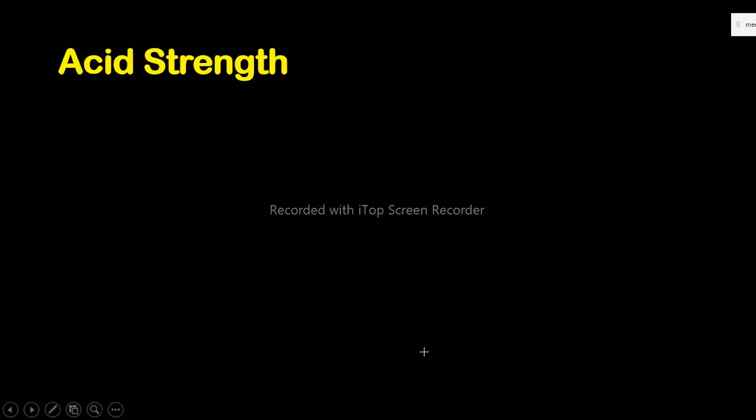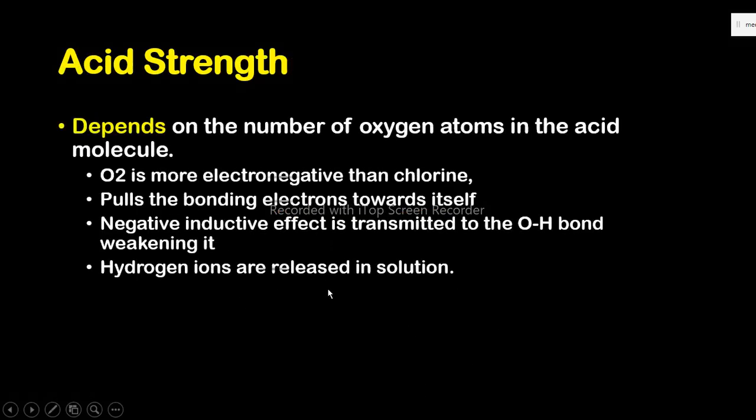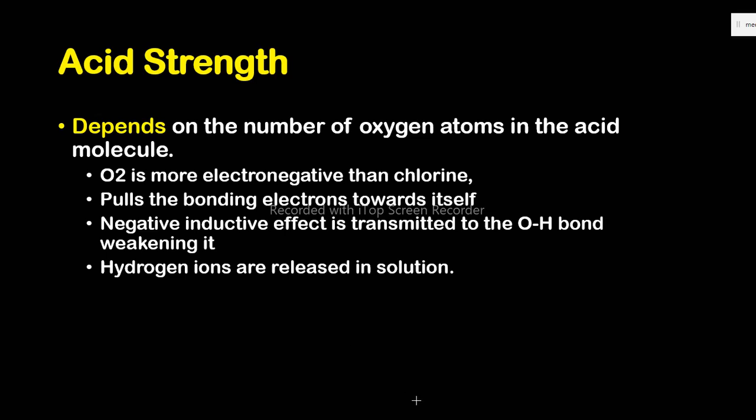Since there are no queries, we can proceed and look at the acidic strength of these oxo acids. The acidic strength depends on how many oxygen atoms you have.